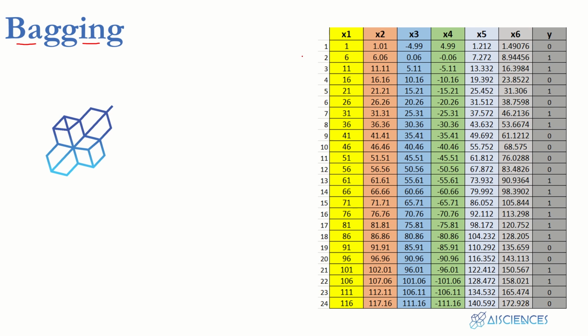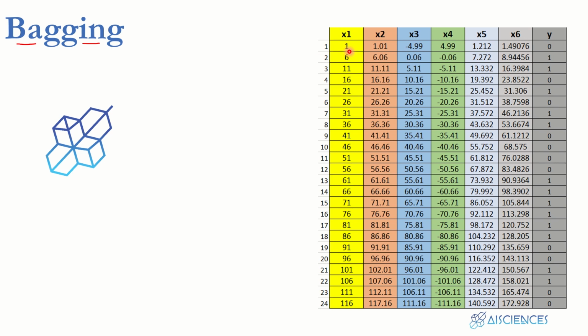So what happens in bagging is that if you see on the right hand side the data set, here we have example 1. We have 6 features: x1, x2, x3, x4, x5, x6. These are 6 features of some object, and these are the feature values.